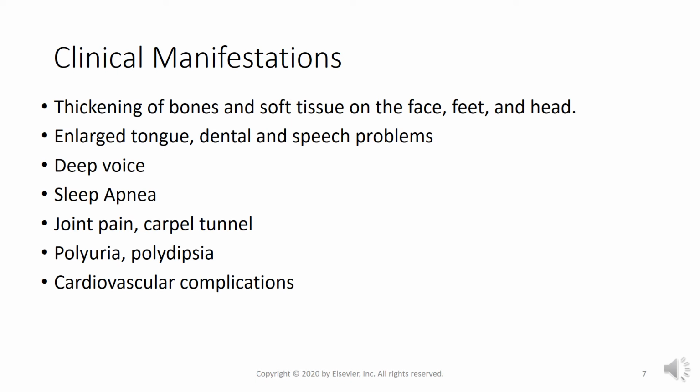They may have symptoms of diabetes mellitus, so polyuria, polydipsia, because growth hormone opposes the effects of insulin, so it causes increased blood glucose levels, so hyperglycemia. And due to that, there are a lot of cardiovascular complications, and that's really the number one, the most serious complication of acromegaly.